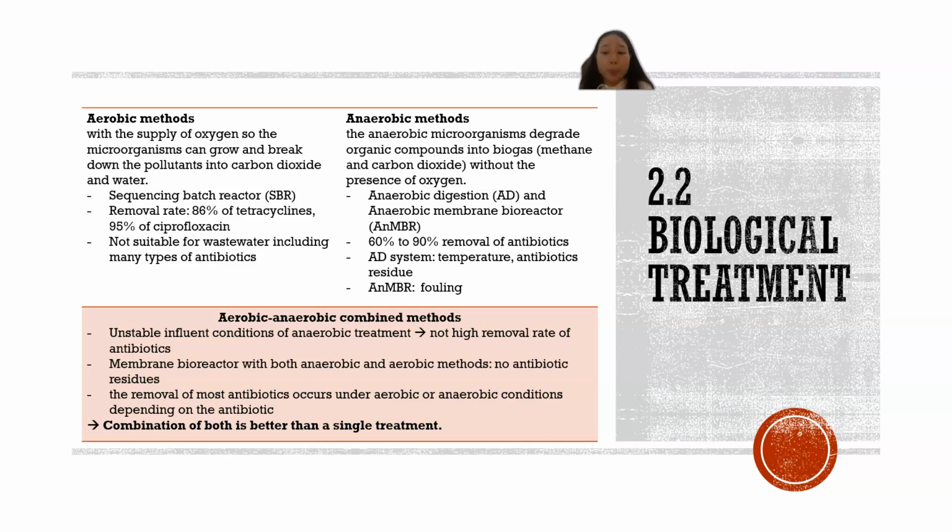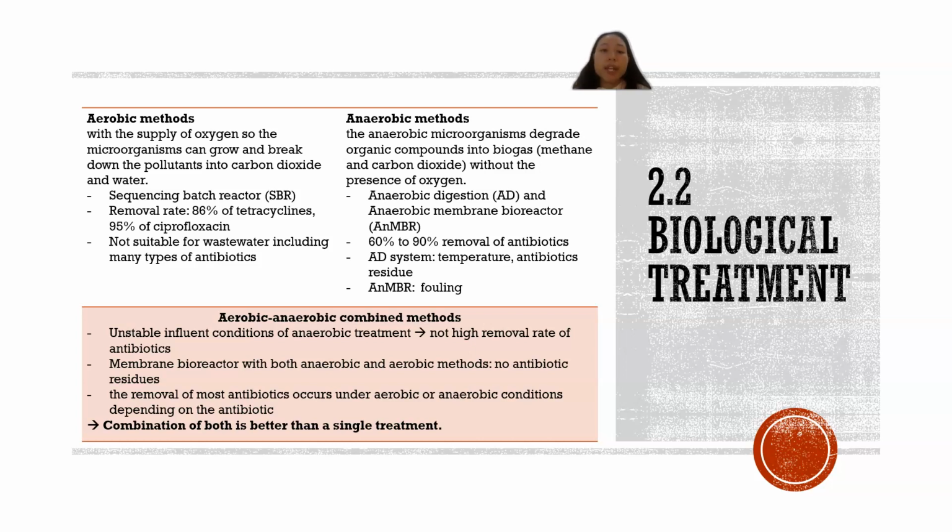With anaerobic methods, anaerobic microorganisms are used to degrade compounds into biogas without the presence of oxygen. Anaerobic digestion and the anaerobic membrane bioreactor are the two most popular systems of this method, and the efficiency of these systems can be from 60 to 90%.